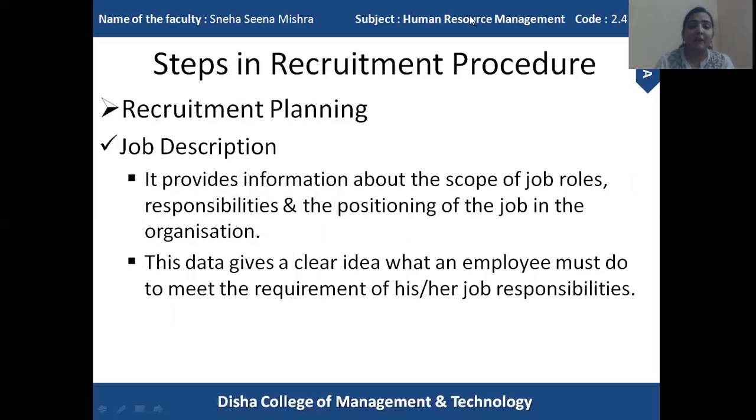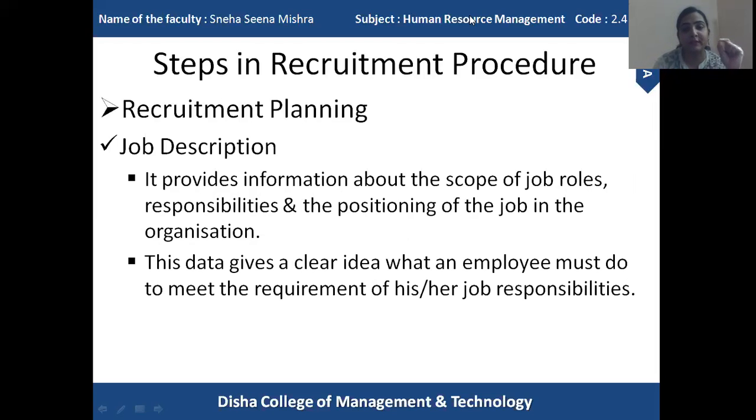After job analysis, the second point under recruitment planning is job description. In this job description, the job is properly analyzed in a detailed manner in terms of job roles, responsibilities and positioning of the job in the organization. It simply means, what is the position of a job in the organizational hierarchy?